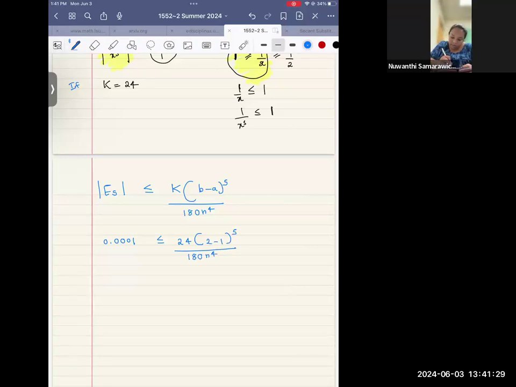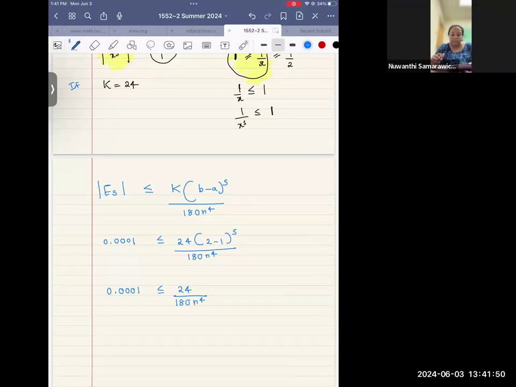Okay, so 0.0001, 24, 2 minus 1 is 1, 1 to the power 5 is 1. This is divided by 180 n to the power 4. Because the idea is we have to find an n value.